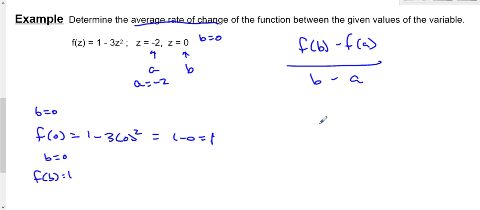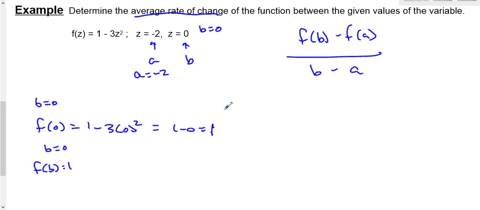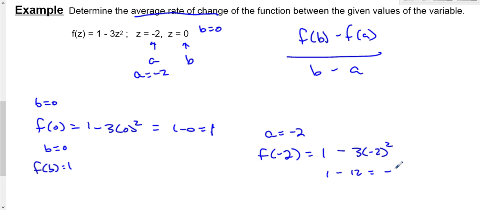So that would be our values for f of b and b. So now for a, which is -2, when I find f of -2, I have 1 minus 3 times -2 squared. -2 squared is 4, and 4 times 3 is 12. So 1 minus 12, that's -11. So a is -2, and f of a ended up being -11.